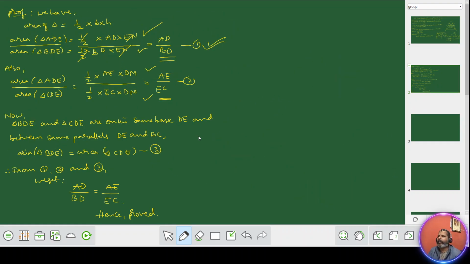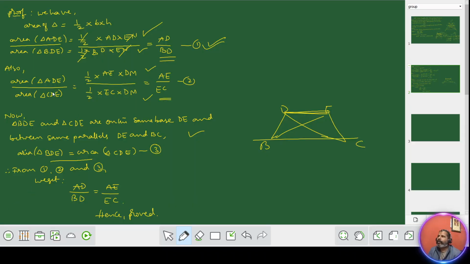So the same thing I'm writing here. Check out. Area of triangles BDE and CDE are on the same base DE and between the same parallels DE and BC, therefore their areas are equal.